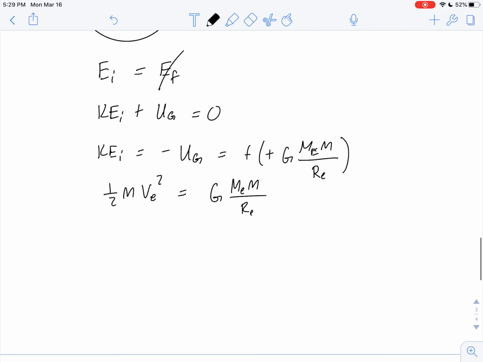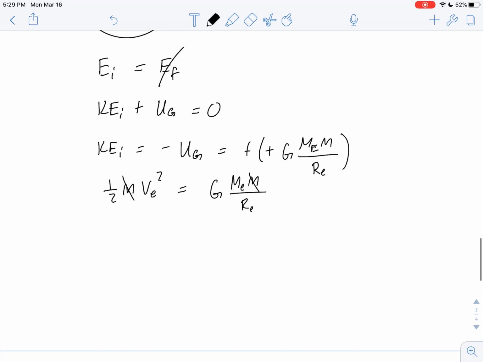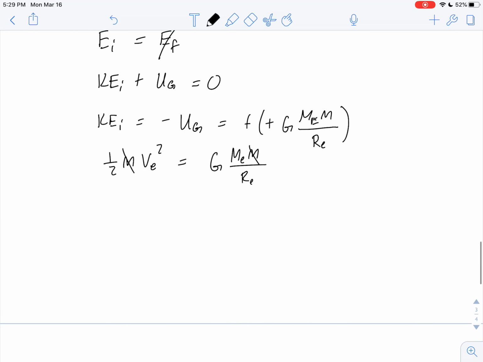And then solving for velocity escape, these masses cancel out. That's the mass of the rocket. So the mass of the rocket actually doesn't matter. And solving for velocity escape, we get 2 big G mass of Earth over radius of Earth, and we'll square root everything.